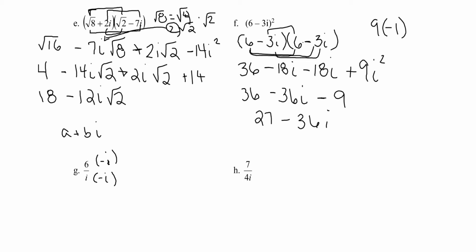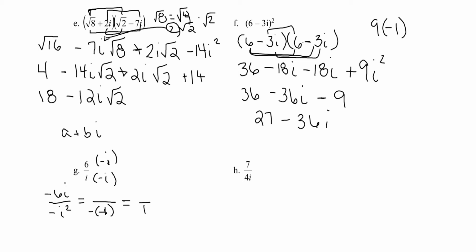And when I do that, on the top I will get negative 6i, and the bottom it will be negative i squared. And we do know that i squared equals a negative 1. And I have a negative there, so if I have the opposite of negative 1, it's going to give me a positive 1 on the bottom.